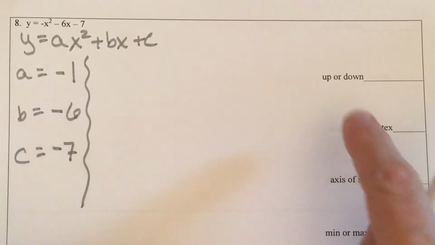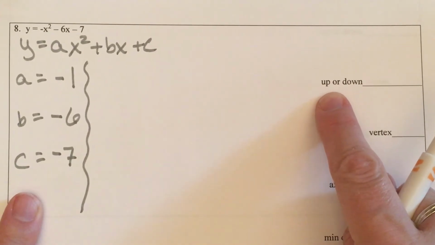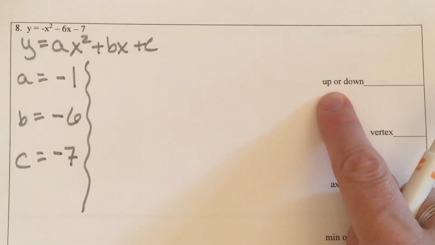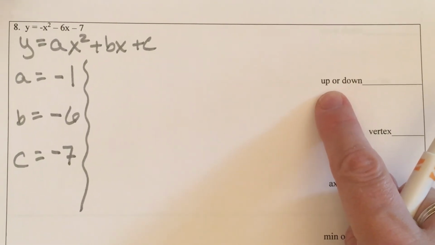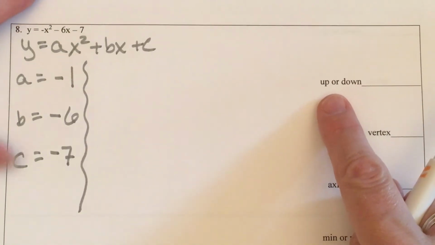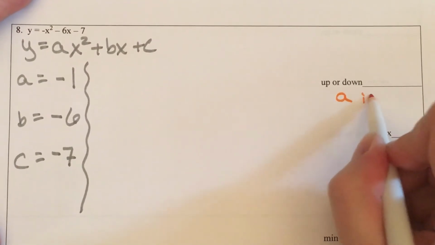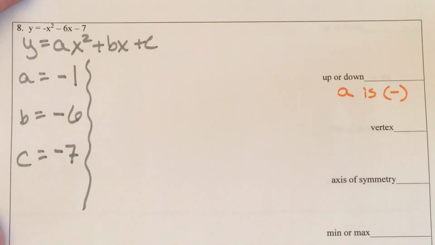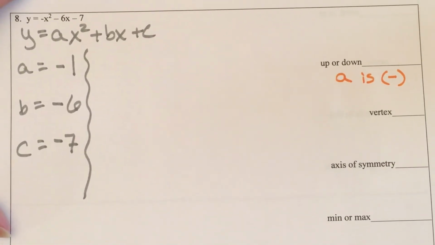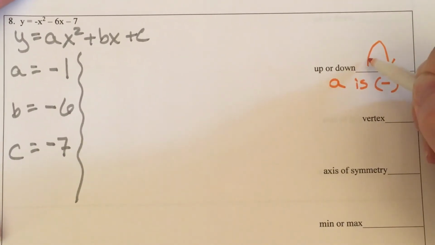All right. So which one of these three letters do we look at to determine if the parabola is going to go up or down? A, B, or C? That's right, it was A. And since A is a negative value, then this particular quadratic will open down.